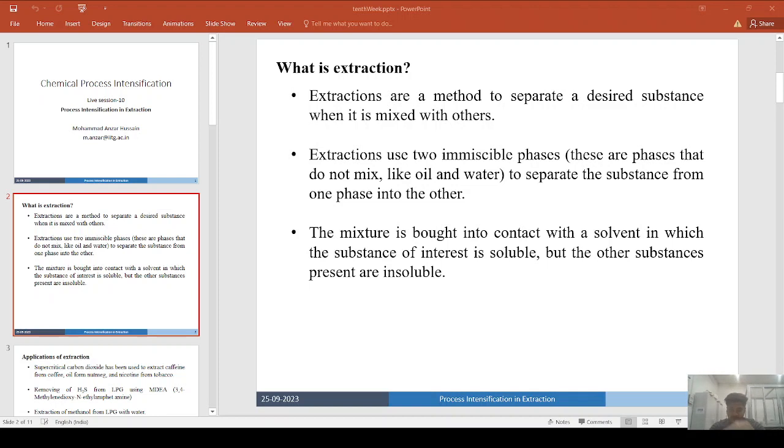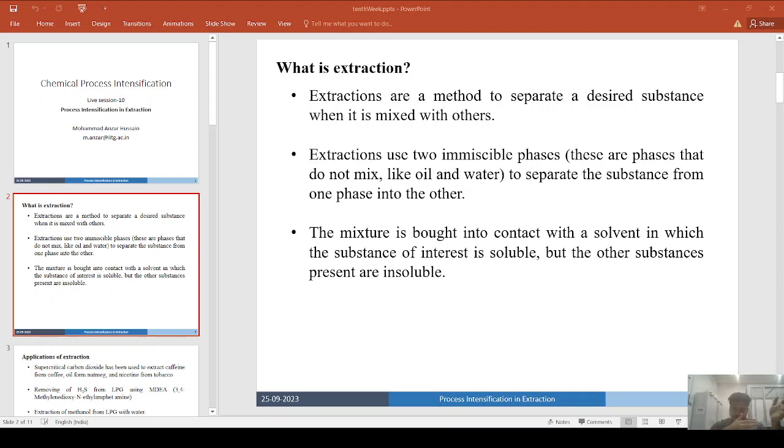After phase separation, the two phases are called extract and raffinate.